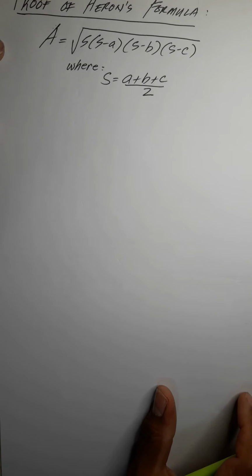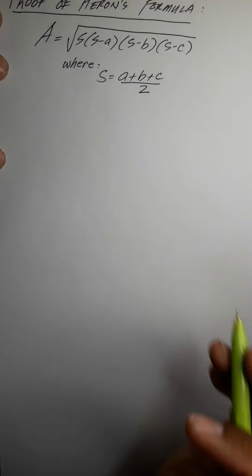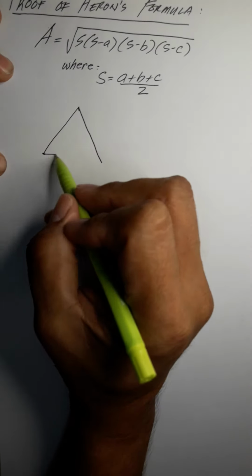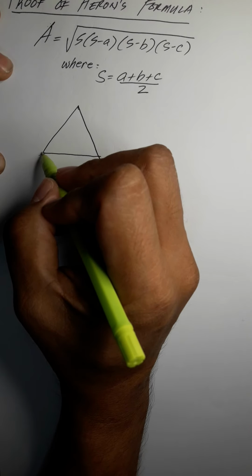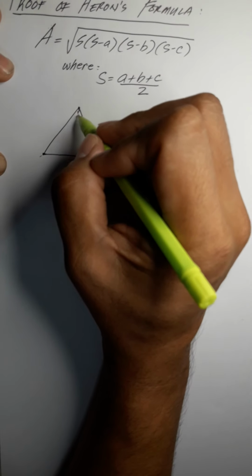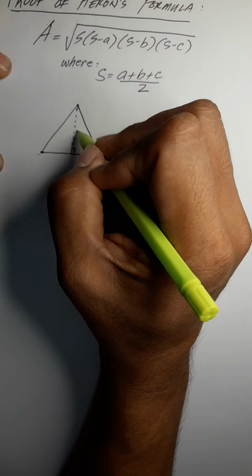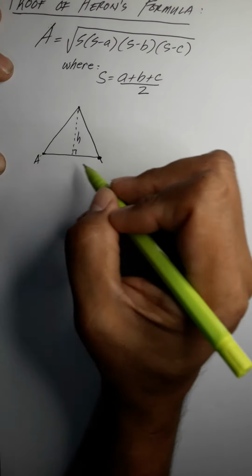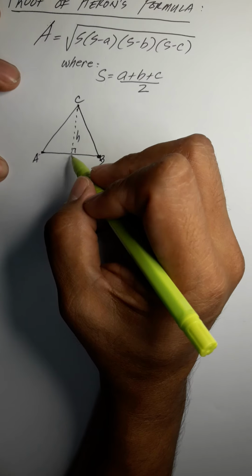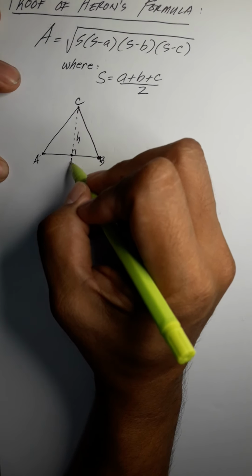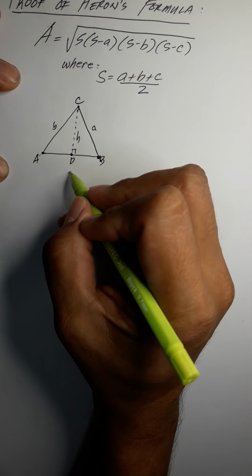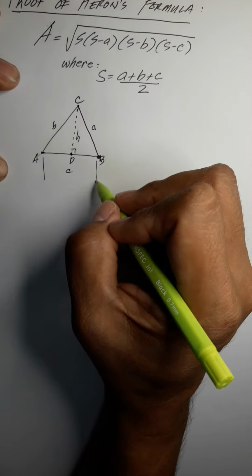So now we consider a triangle with height h and points A, B, and C. We call this point here point D, with sides a, b, and c.